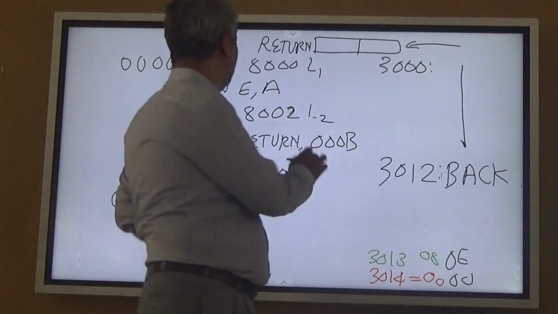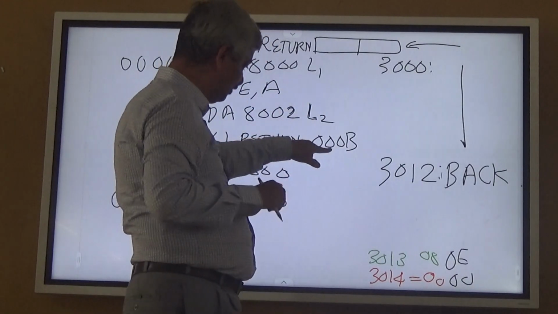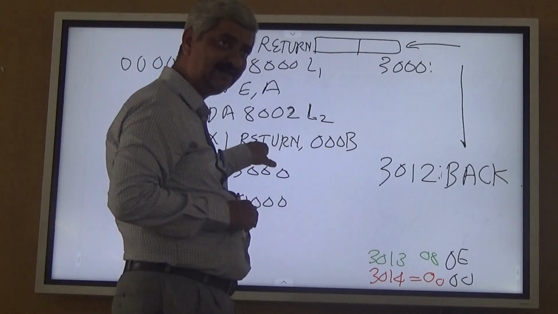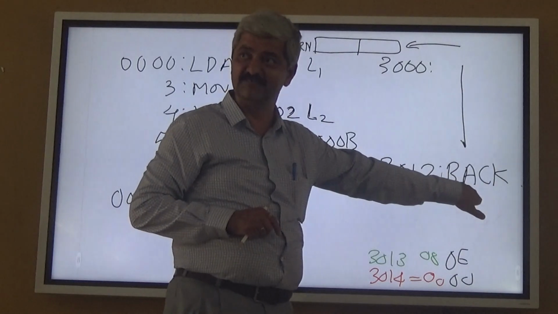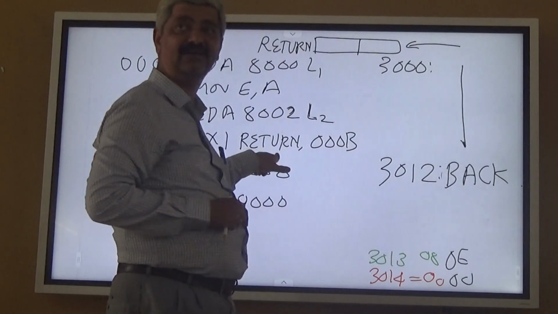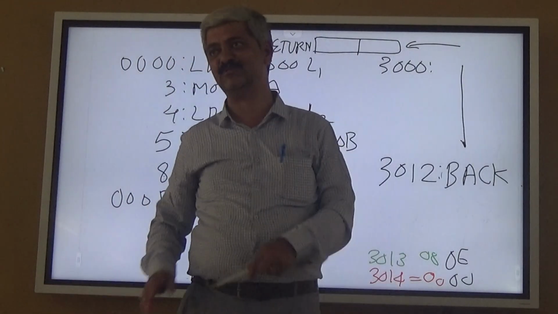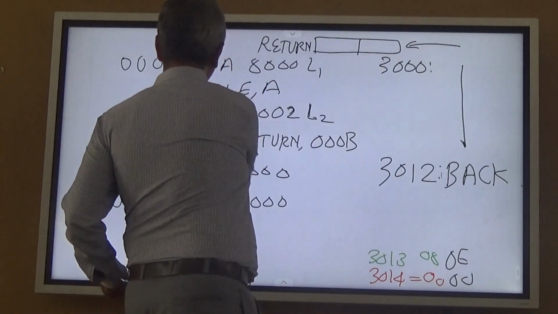From here, where I expect the return, that address I put in this additional register, and this is a fixed instruction now, BACK. I will come here. But again there is a problem. The problem is that this addition I have to do each time, but that is okay.